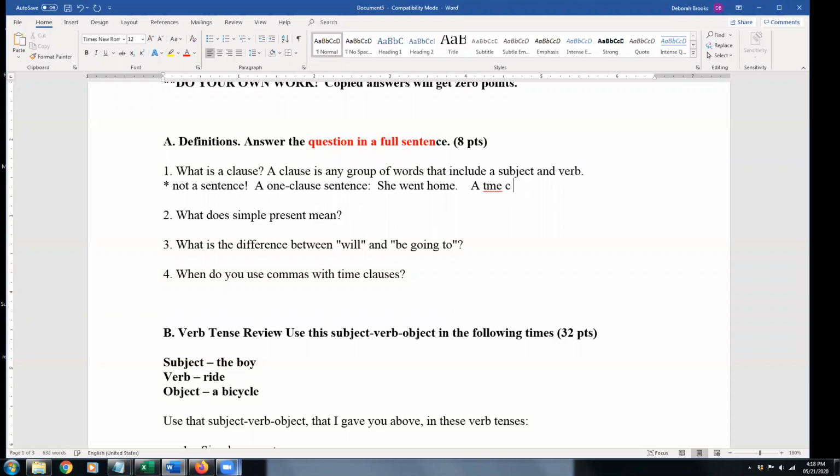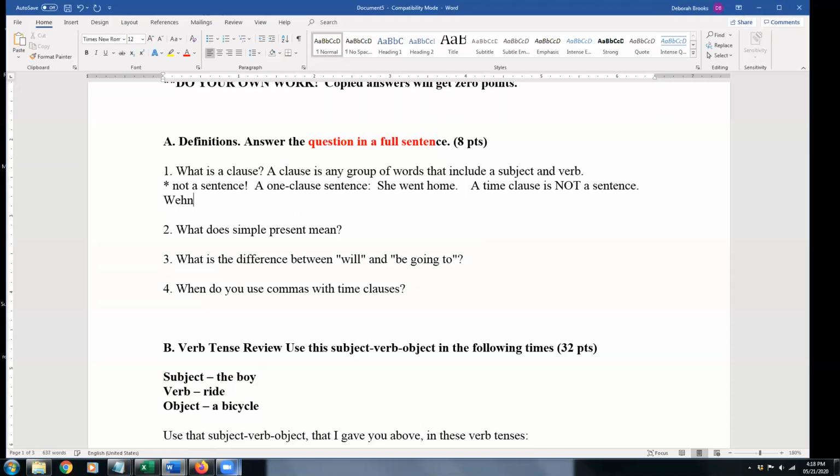A time clause is not a sentence. When she went home. When she went home, what? That's not a sentence.